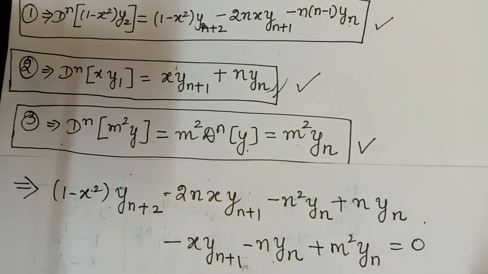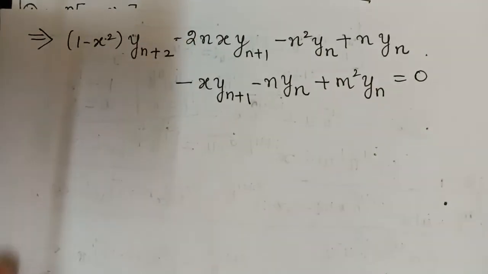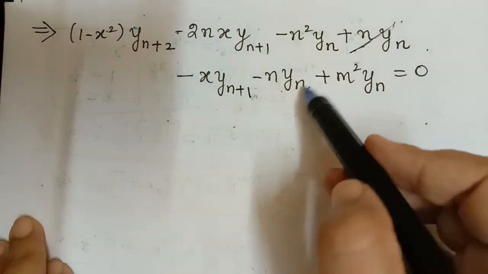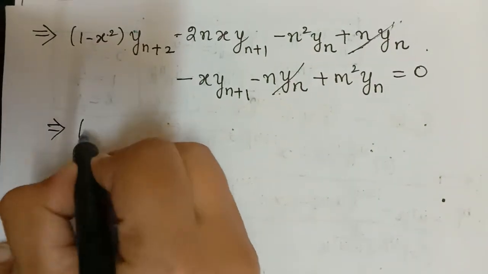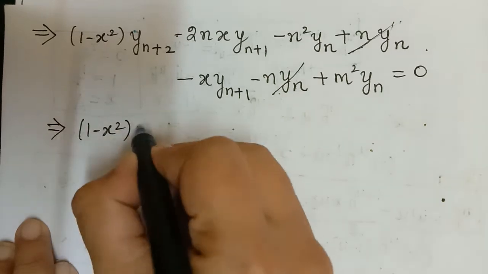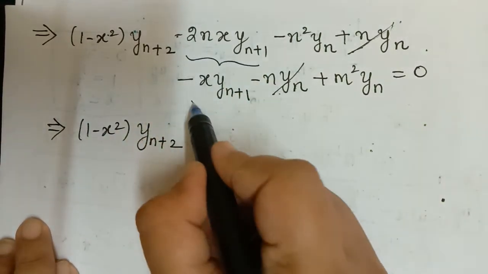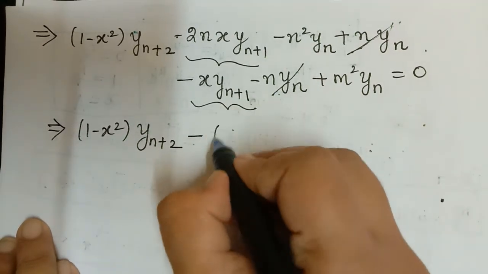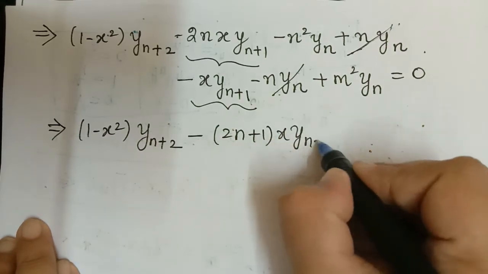Now if you check here, we could see that these two terms get cancelled, that is plus n yn and minus n yn get cancelled, and finally we get this to be 1 minus x squared yn plus 2, and then in these two terms x yn plus 1 is common and the negative sign is also common, and so it will be 2n plus 1 x yn plus 1.